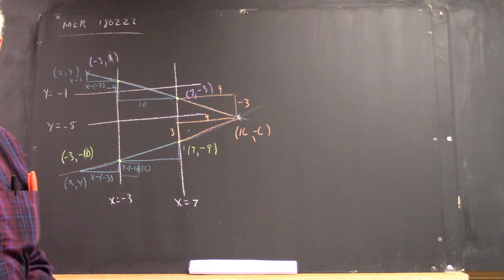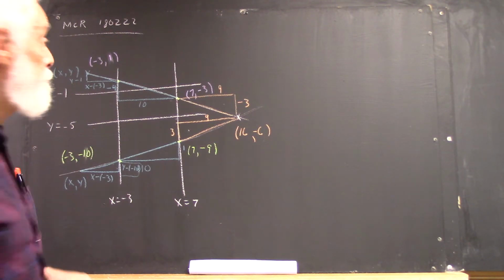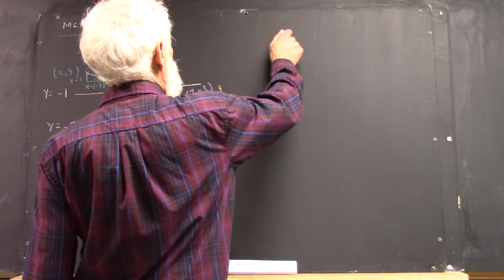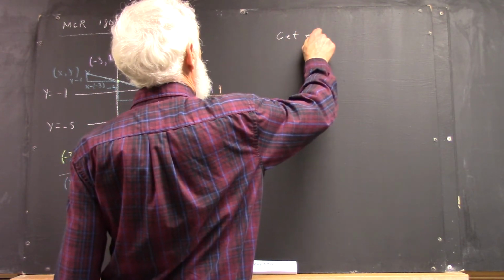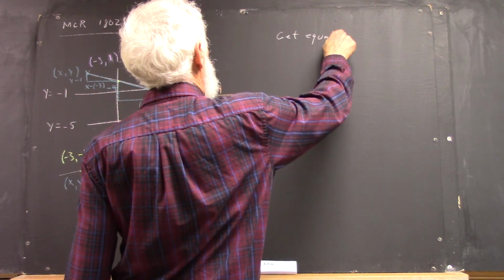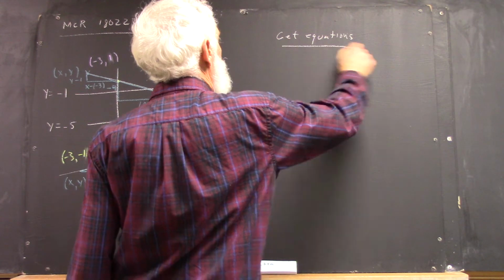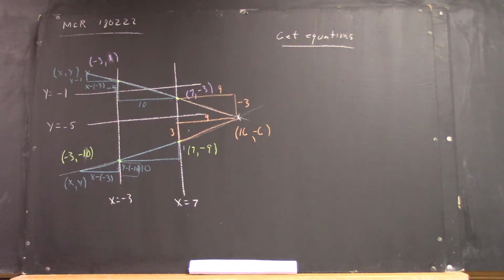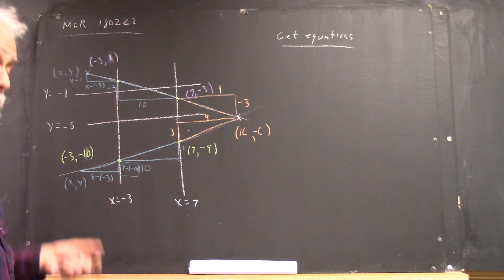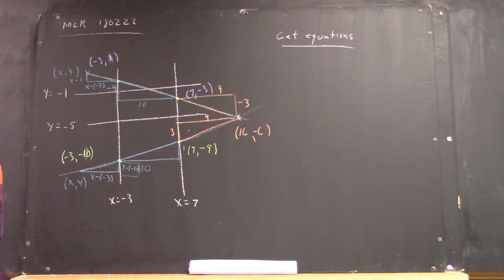Then I get my equations. So I get the equations. Now, if I say get the equations using the fundamental triangles, then you better set the slope of this triangle equal to the slope of this triangle. And I didn't label my slopes, did I? No, you didn't.